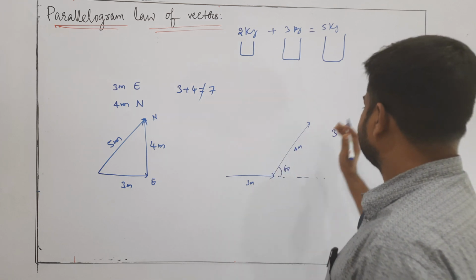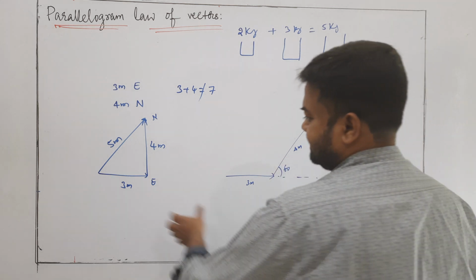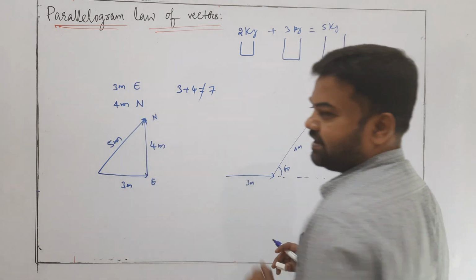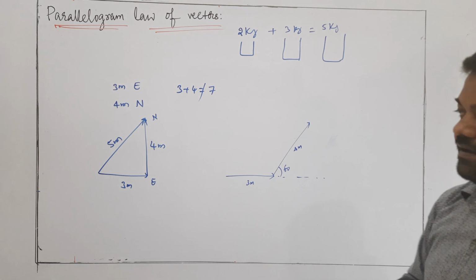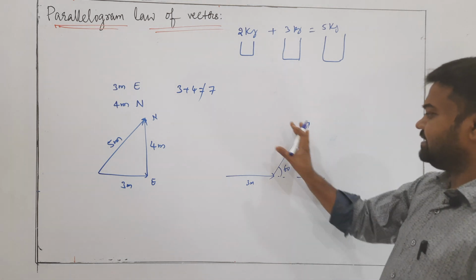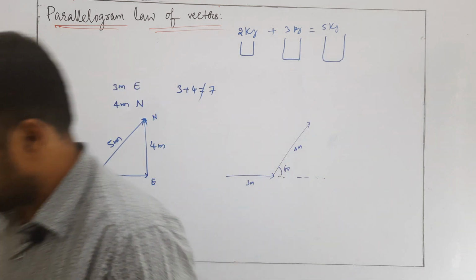Here also the resultant is not 3 plus 4. In the earlier case, 3 and 4 gave 5, but here it should not be exactly 5. Then how can we add them and find the resultant? That is explained by the parallelogram law of vectors.